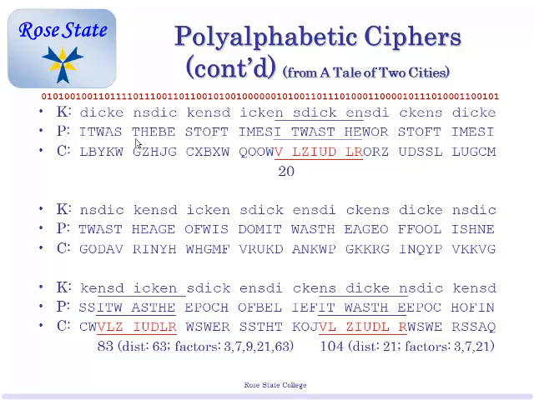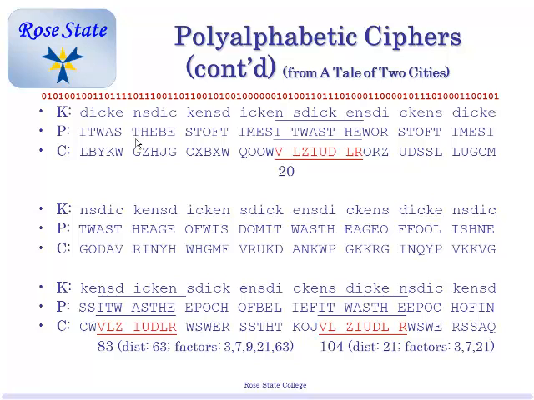So, the first place we see this repeating string is at 20. So far, so good? The second place we see the repeating string is at 83, from the beginning. So we take 83 and 20 and subtract: the distance is 63.